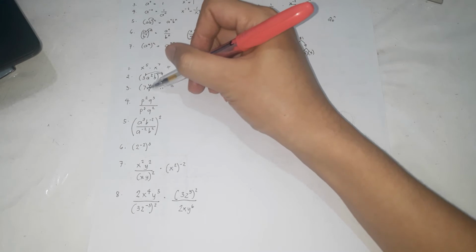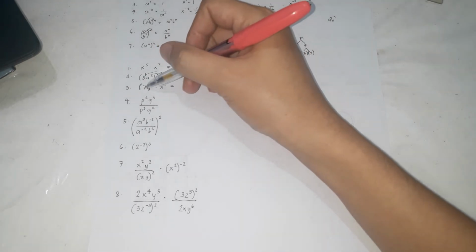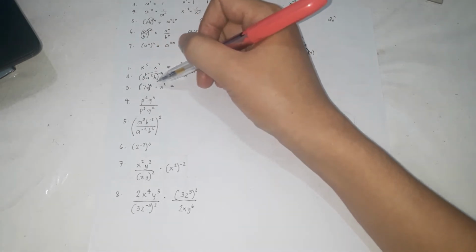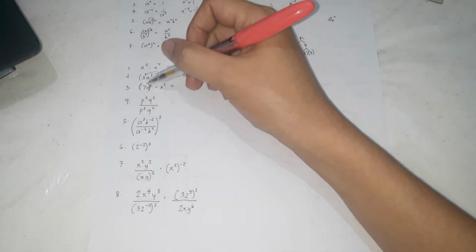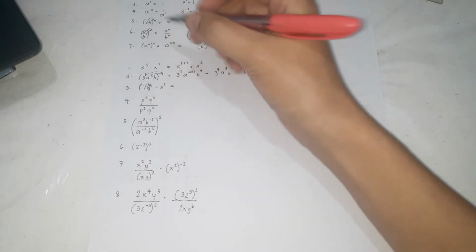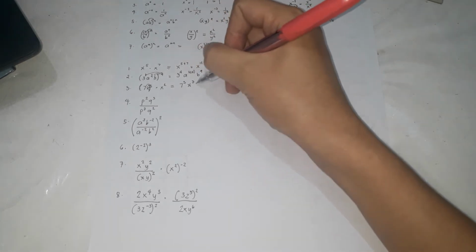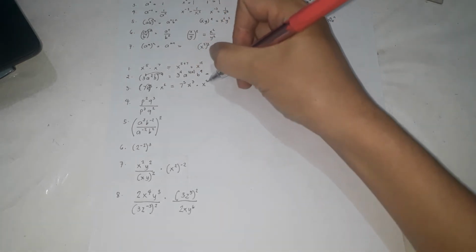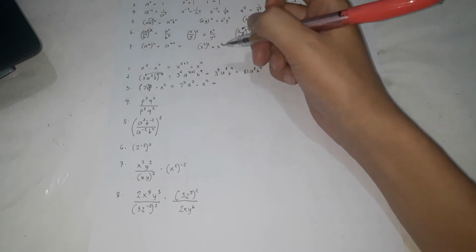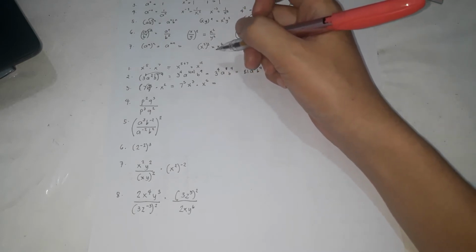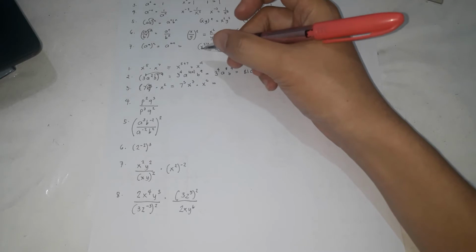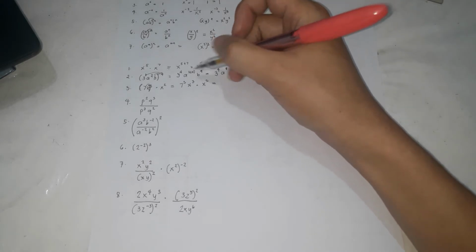Dito, unahin nyo muna dito nasa loob ng parenthesis. Diba? 7x to the power of 3 times x squared is equal to, distribute mo muna ito siya. So, magiging 7 cube x cube times x squared. Next, kailangan na isa lang ang variable ang natira, halimbawa sa mga x. Kailangan isang x lang natira. So, dito x.